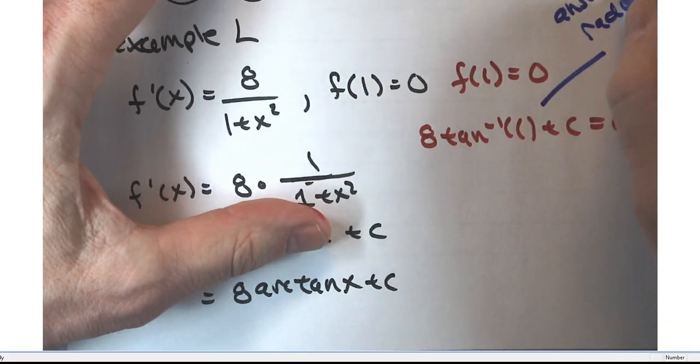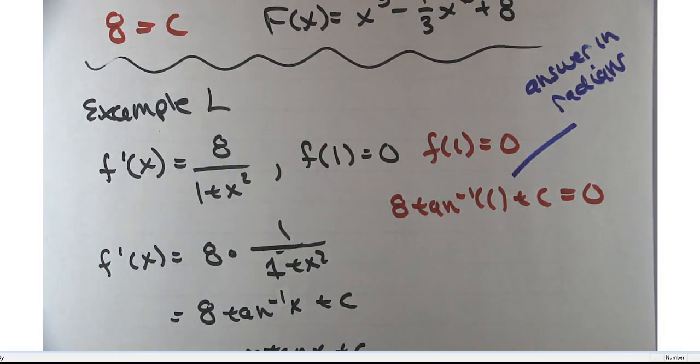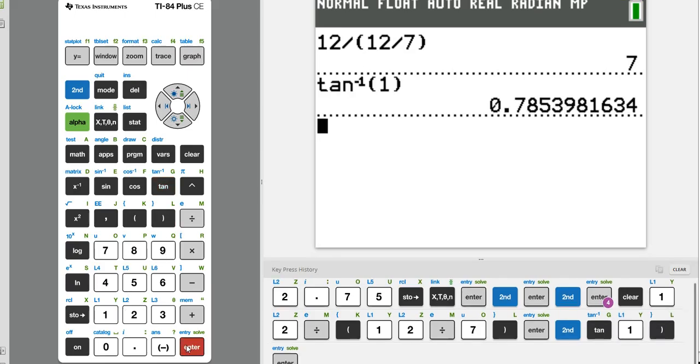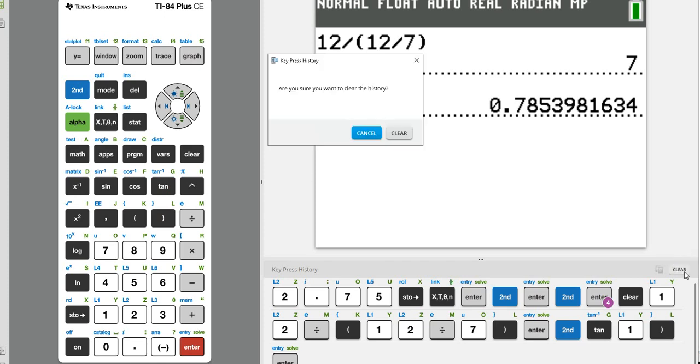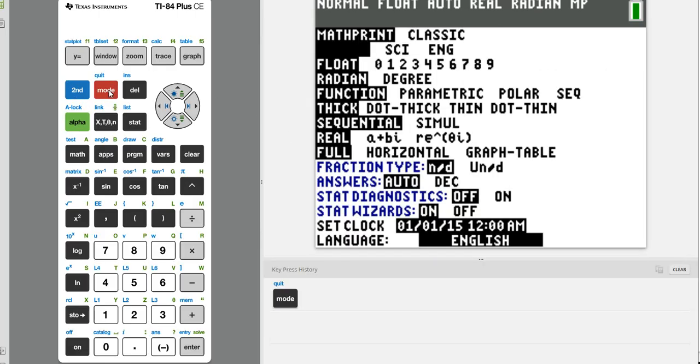Now your calculator is not going to be of direct help here, because if you do inverse tangent of 1, I don't think many of us are going to recognize what that is. Inverse tangent of 1 is going to be like 0.7 something, 0.785. Does anyone recognize that? Is that helpful? No. So briefly, and I mean briefly, you can put your calculator in degree mode, because it'll probably jog your memory.